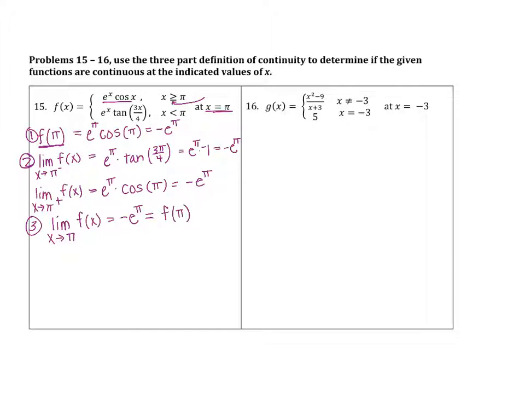So those values are all congruent, and so therefore we could do our little therefore there. F of x is continuous at x equals pi.